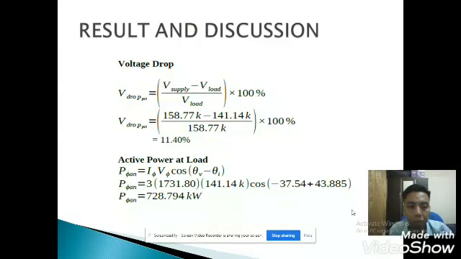For voltage drop is equal to V supply minus V load divided by V load times with 100%.